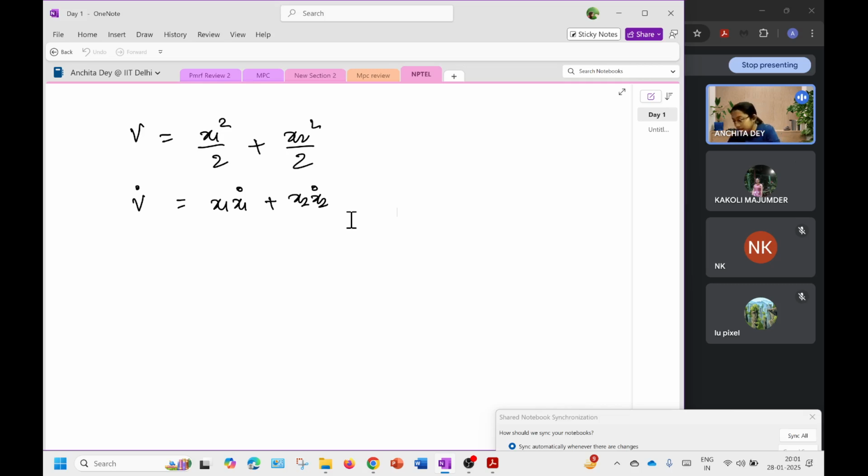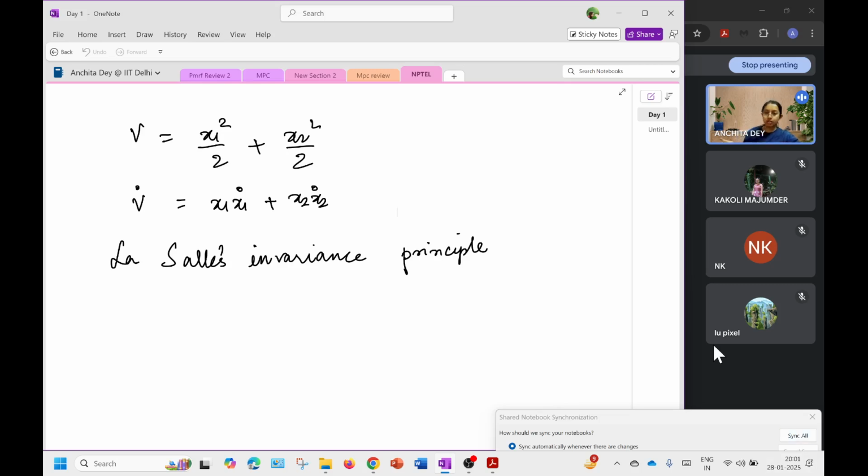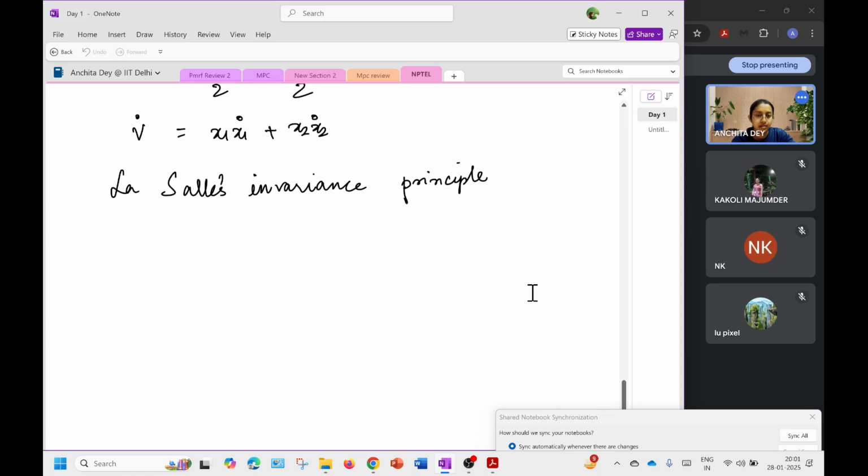So we have this principle called LaSalle's principle. Now this is only applicable to the autonomous setting. What if your system is now non-autonomous? How do you do it in that case?